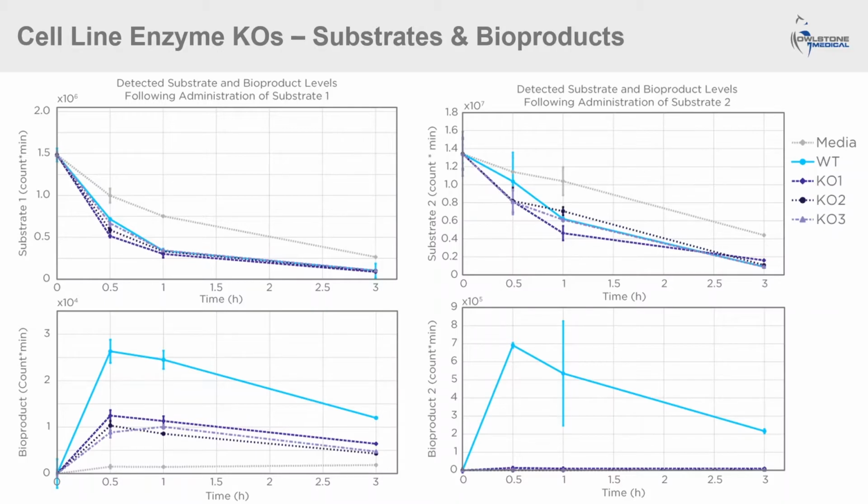And in the knockout cell lines, we can see that the production of the bioproduct is reduced, indicating that this compound may be more specific for this enzyme and therefore may be a better reporter in vivo for the detection of the activity of this enzyme.